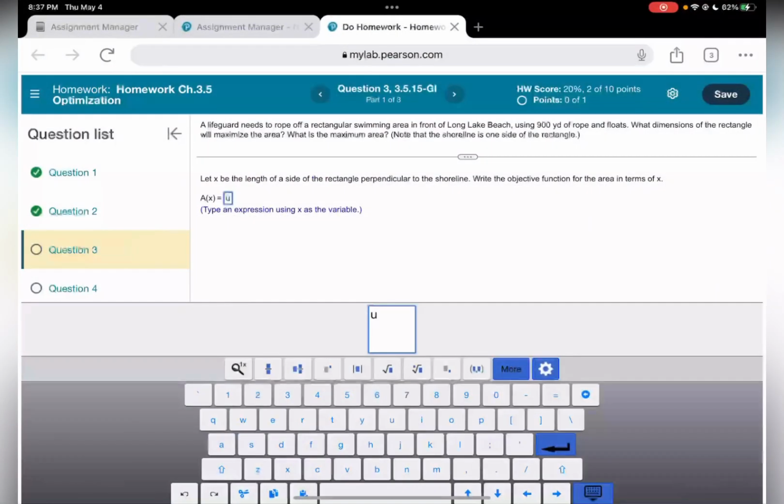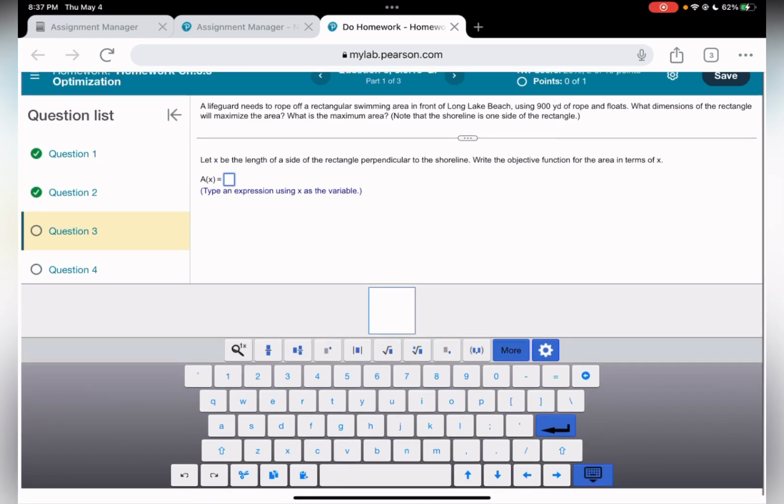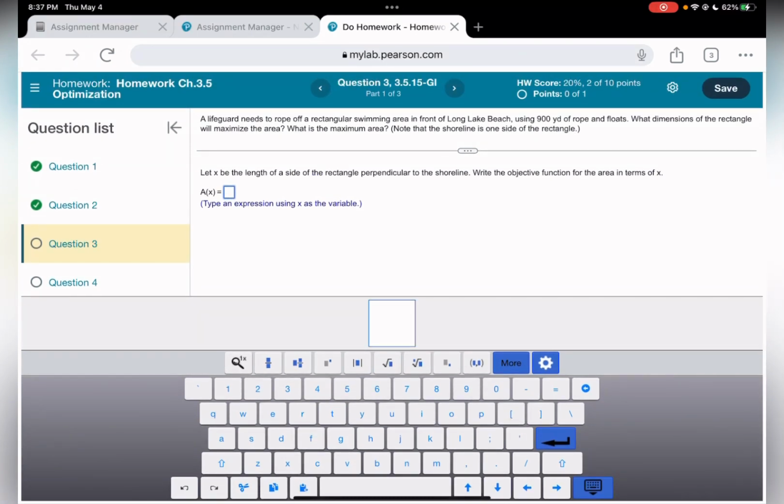That's the formula it wants. So it's going to be x times 900 minus 2x.